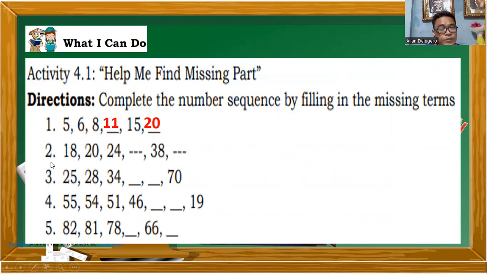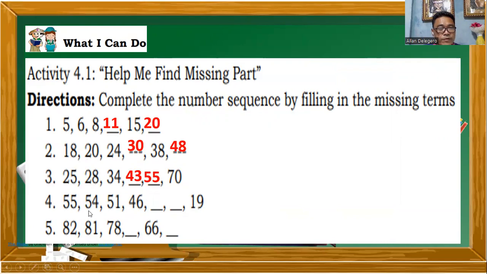Number 2, 18, 20, 24, blank, 38, blank. So the missing terms are 30 and 48. Okay, number 3, the missing terms are 43 and 55.